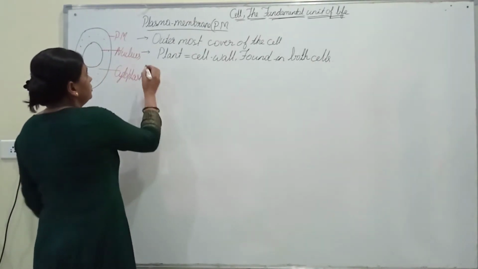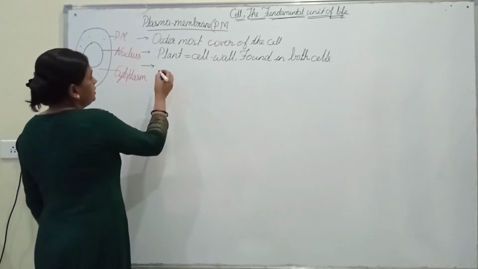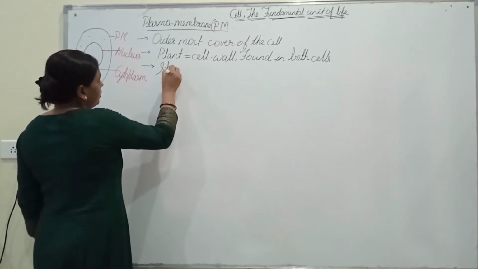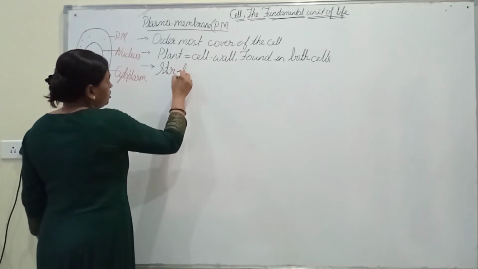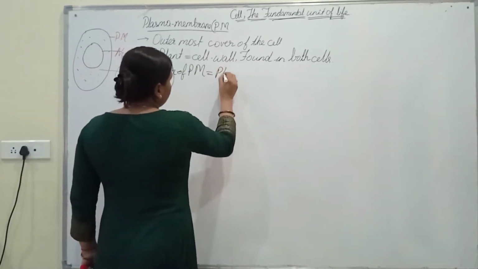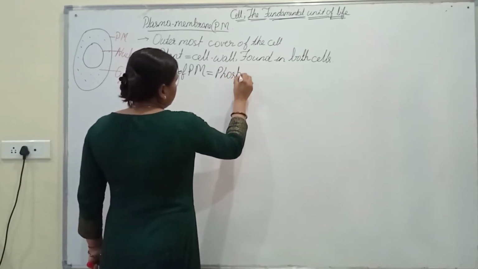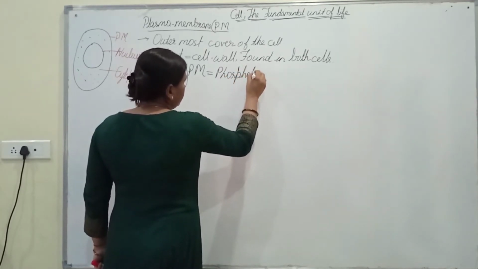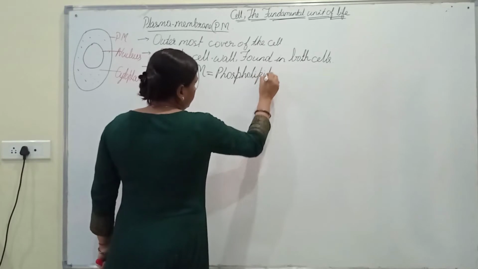So our next point is the structure of plasma membrane. Structure of plasma membrane is made of phospholipid plus proteins.